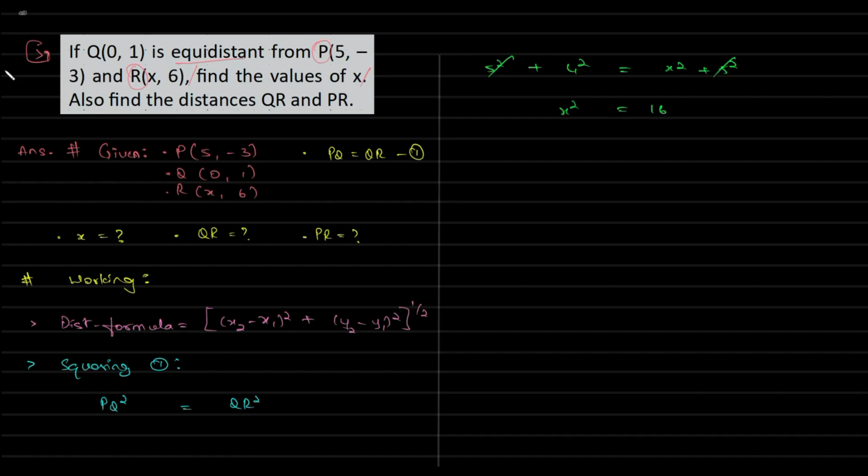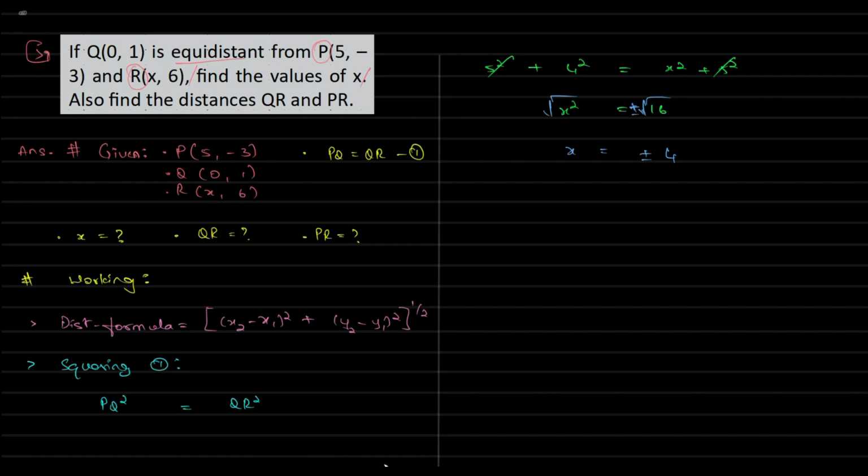So x is equal to, very important, plus or minus 4. When we take square root, we'll get plus or minus. So basically there are 2 points. So R is equal to (4, 6) and (-4, 6).